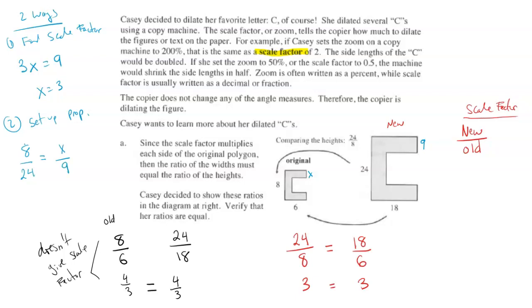I always like to simplify first, so I simplify 8 and 24 to get 1 over 3 equals x over 9. I can cross multiply and notice that I still get 9 is equal to 3x. This brings me back to the same answer. As long as your proportions are equal to each other, it should not matter how we set up our equations.